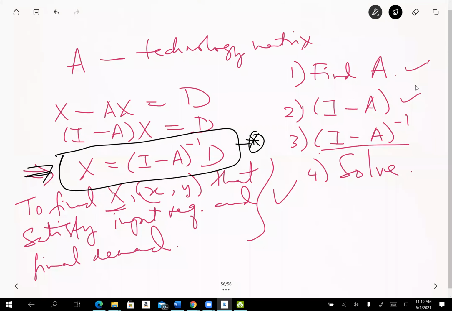Our objective is to find the matrix X. So the technology matrix will be given normally, and then we will find the matrix A. So let us do that.